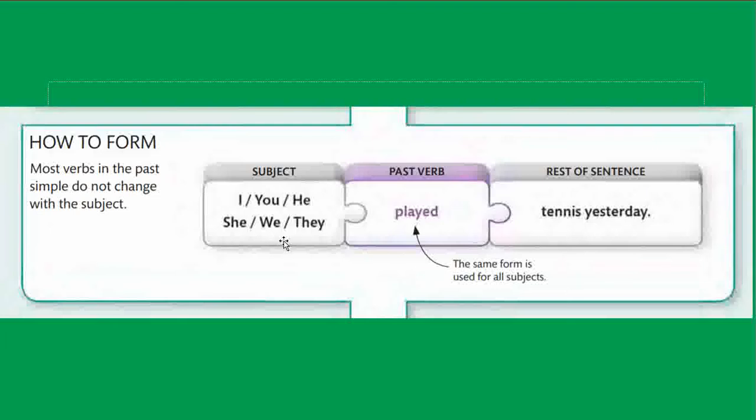That is, first person pronouns, I and we; second person pronoun, you; and third person pronouns, he, she, and they. All these will take the simple past, that is with an ed. I played tennis yesterday, you played tennis yesterday, he played tennis yesterday, she played tennis yesterday, we played tennis yesterday, they played tennis yesterday. The same form is used for all the subjects.